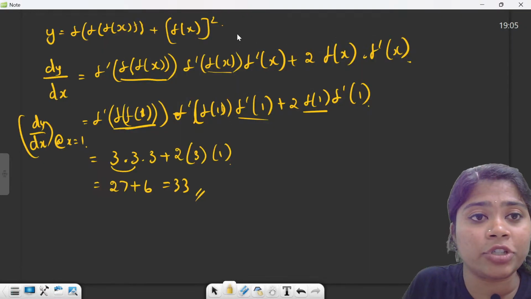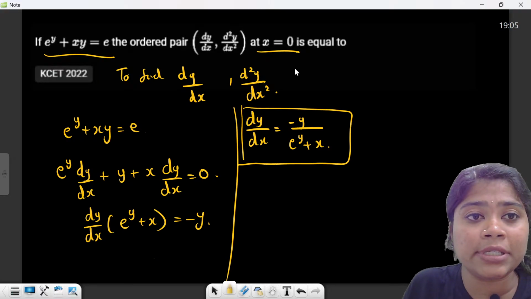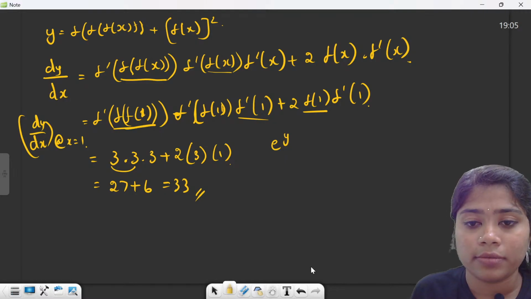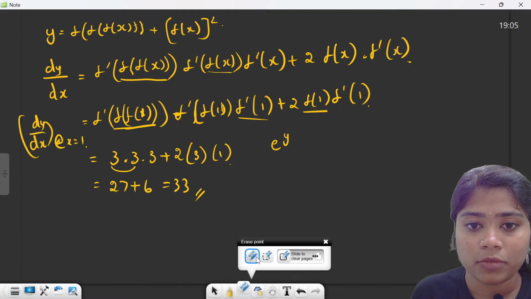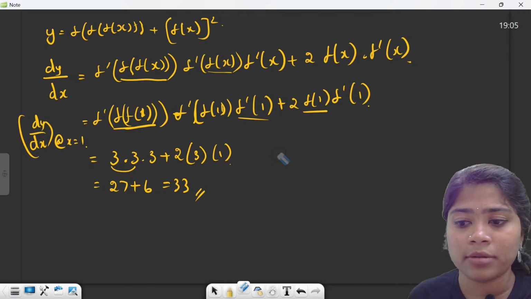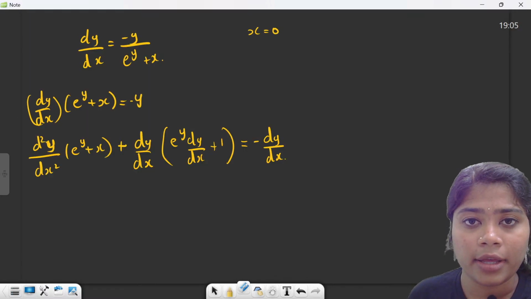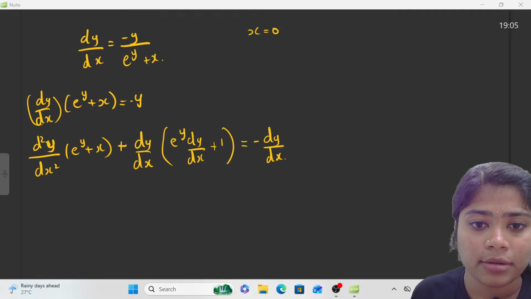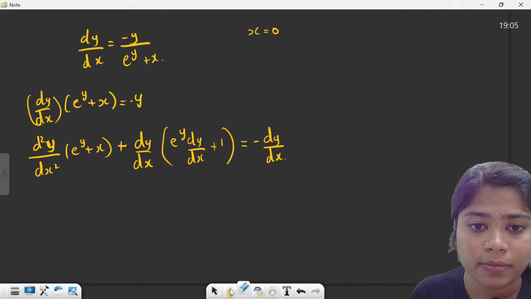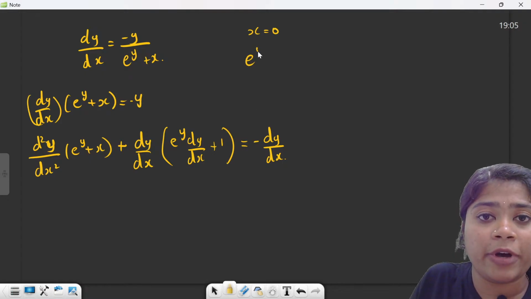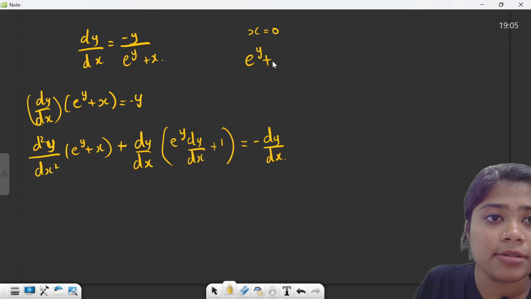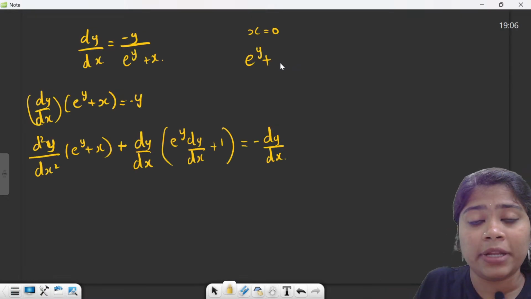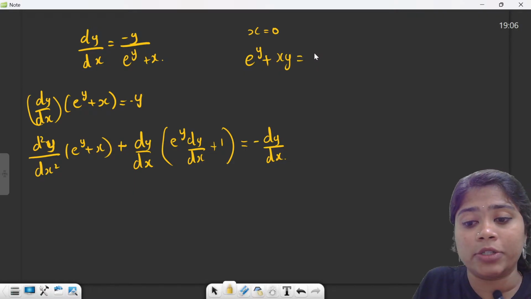The given function is e power y plus x into y is equal to e.